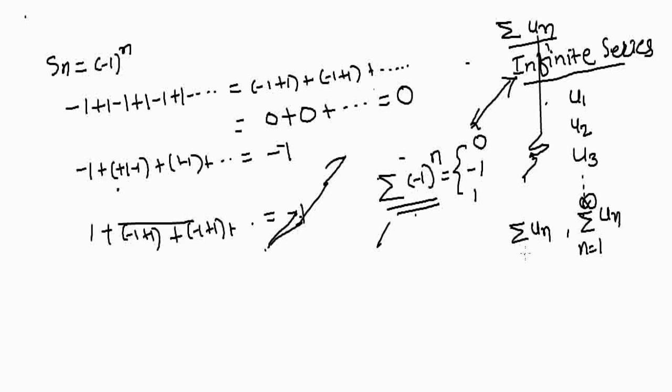If we omit n equal to 1 to infinity and write summation of un, it has the same meaning. Suppose my series is summation of un, then the sequence is u1, u2, u3 and so on. These are the terms of the sequence.